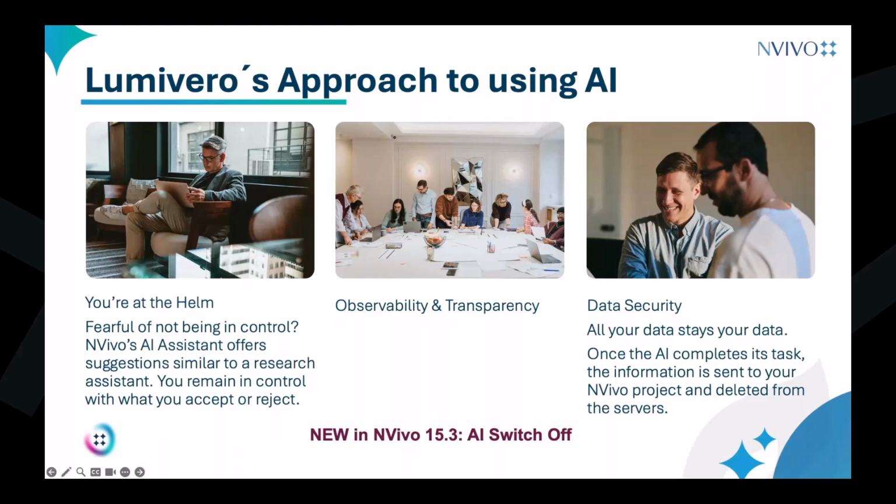So those of you who would like to use it but are not sure if you are even allowed, you have the option now to switch it off until you're sure that you're allowed to use it, in case there's any doubt.